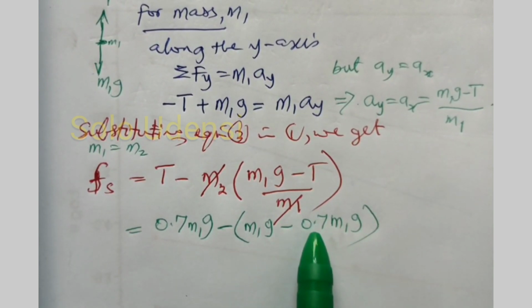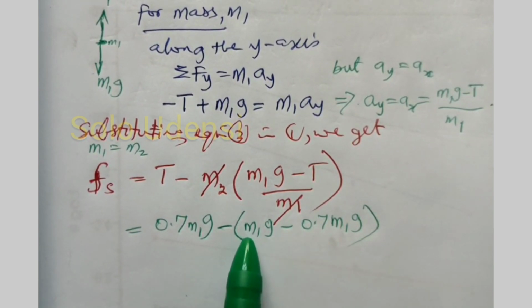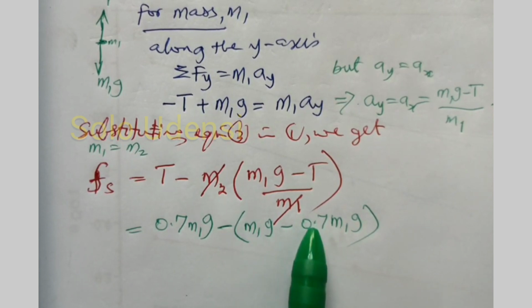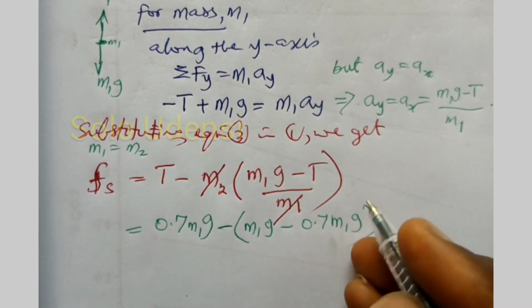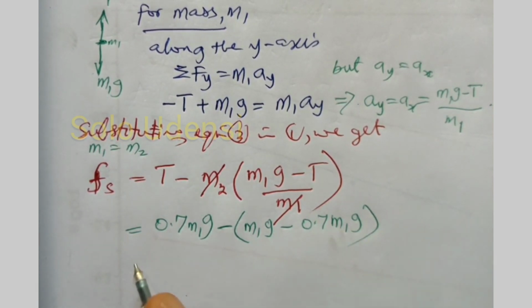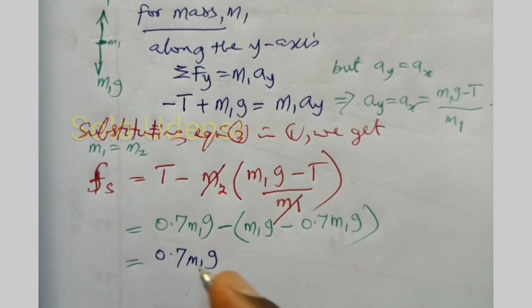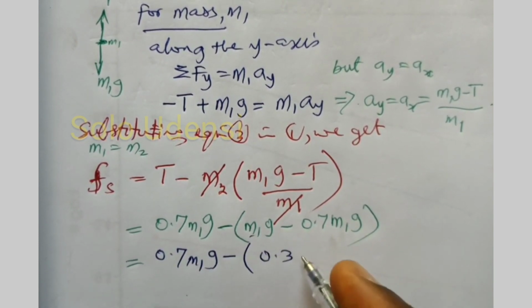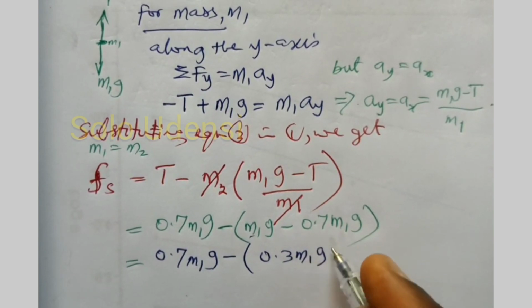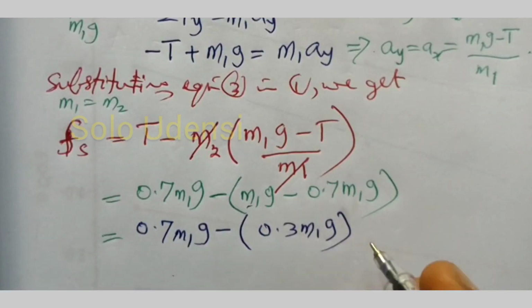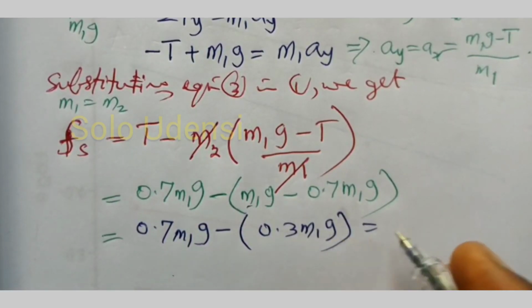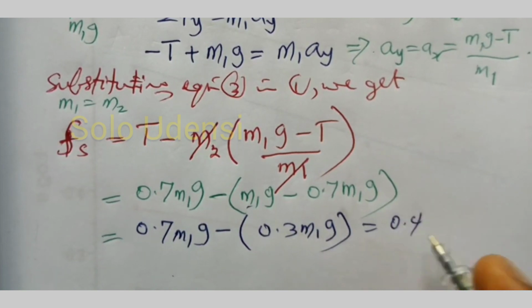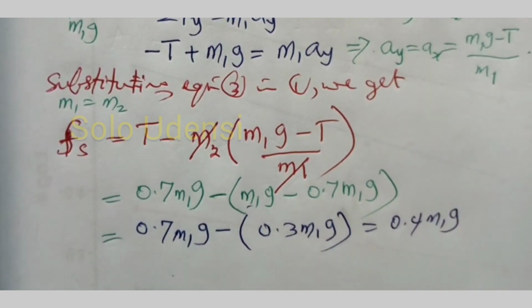This is 0.7 m1g, this is 1 m1g. 1 minus 0.7 will give us 0.3. So we have 0.7 m1g minus this one, which like we said is 0.3 m1g. You now find out that 0.7 minus this will give us 0.4 m1g.